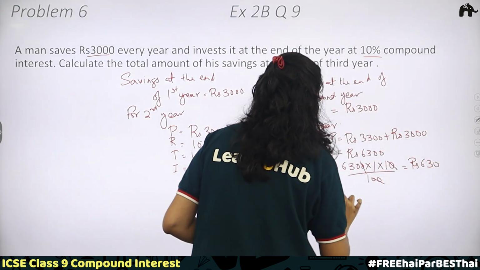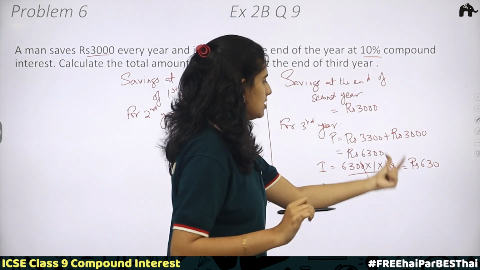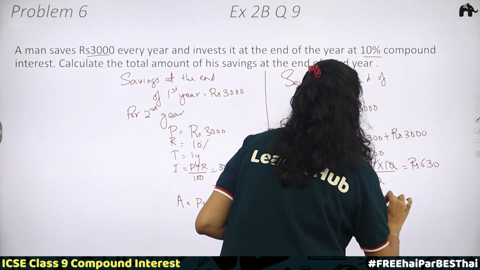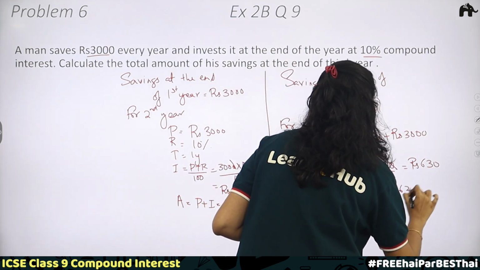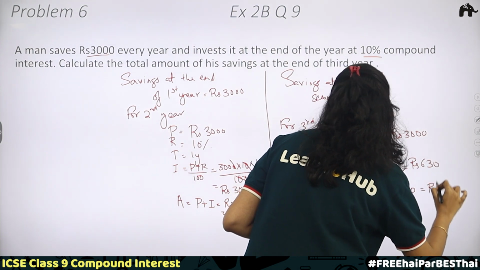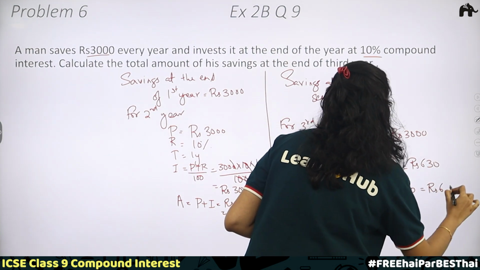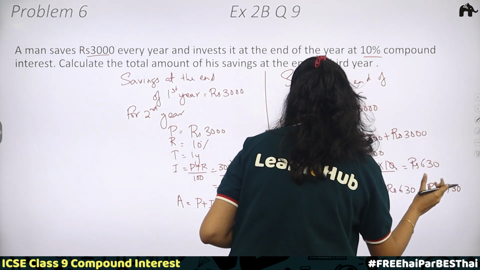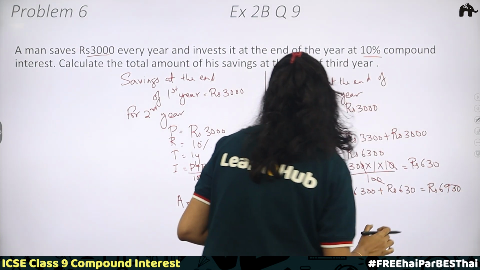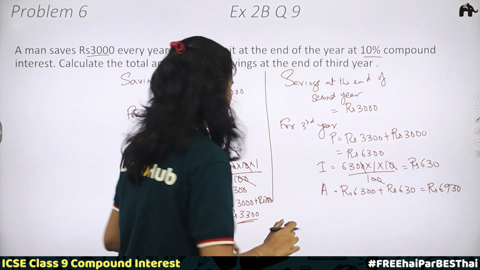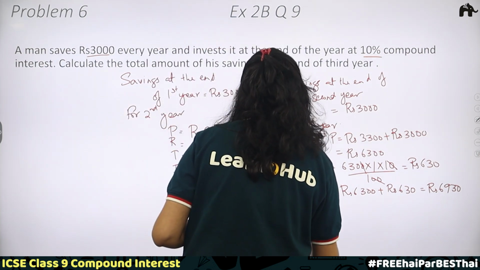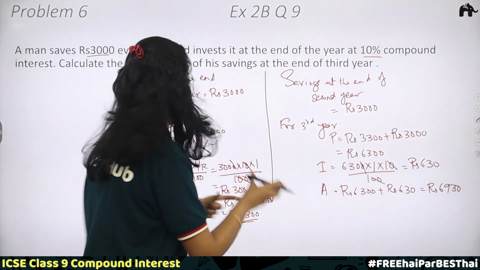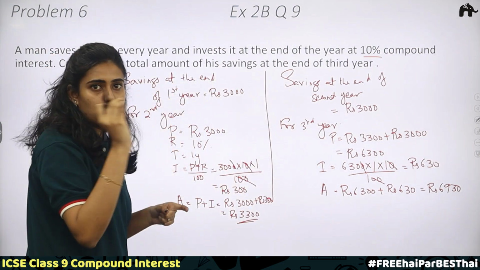Then what is the amount? Principal plus interest, which is rupees 6300 plus rupees 630. We get rupees 6930. Rupees 6930. Okay. Now we have to find the amount at the end of third year. So here he had 3000 at the end of first year.